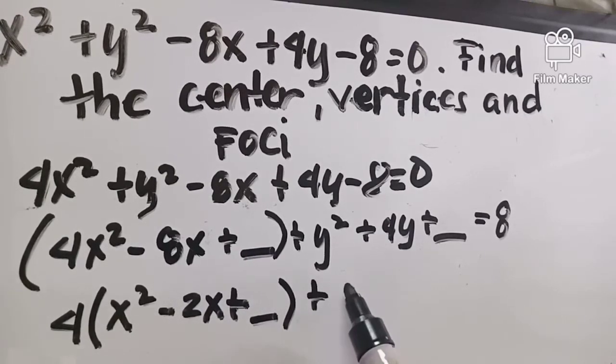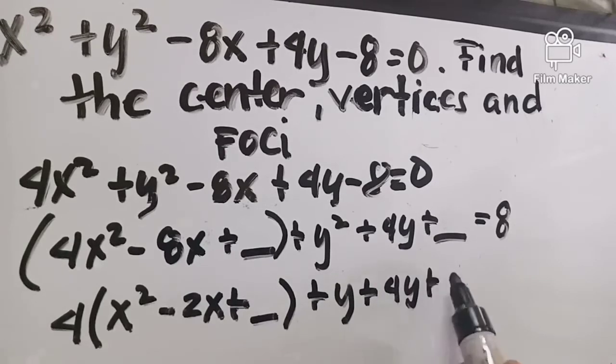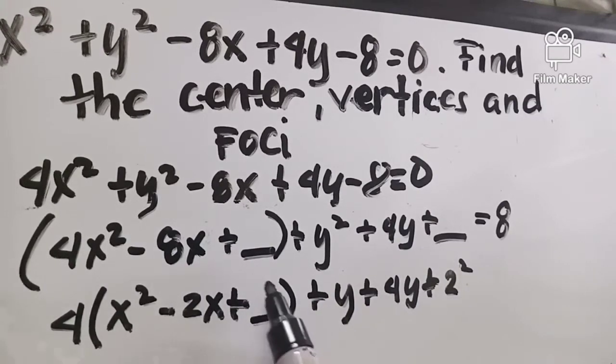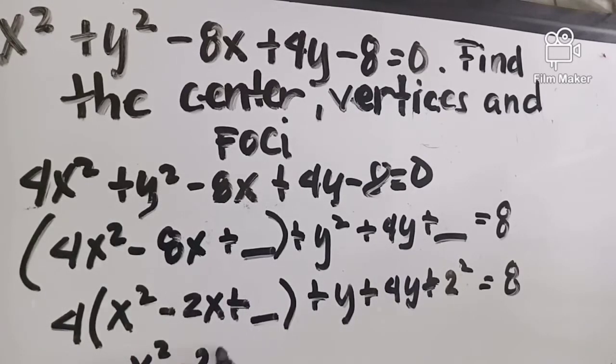And then, y. O, kalahati ng 4y. Ano ba kalahati? So, magiging 2 na to. Tama ba? Kalahati 2, squared. Ito naman, pag pinactor out mo to, x squared minus 2x, ito ay magiging 1.